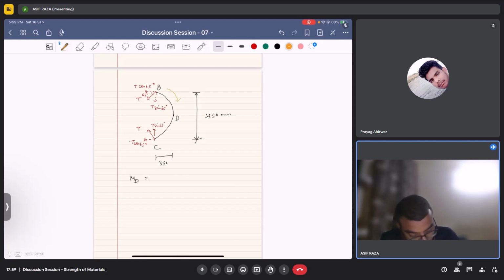The contribution would be from T sin 65, which gives a contribution with a 350 mm distance, plus T cos 65 with a distance of 1650 by 2.